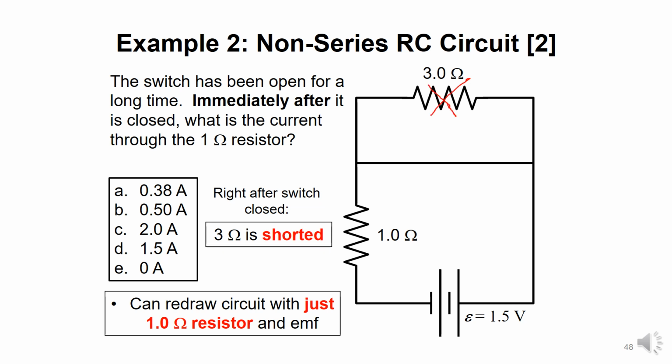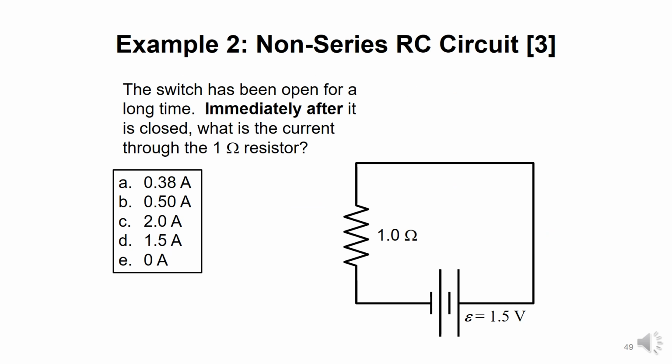And we have the same current going through the battery, the 1 ohm resistor, and the lower branch. So we might as well erase the upper branch. So effectively our circuit looks like this: a single resistor and a battery, and the capacitor still behaves like an ideal wire. So now it's a simple Ohm's law problem.